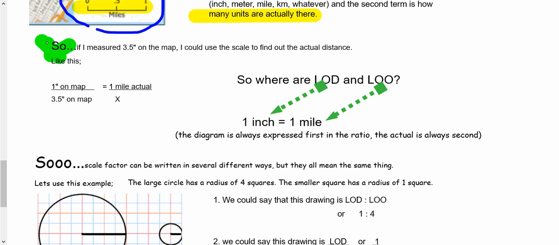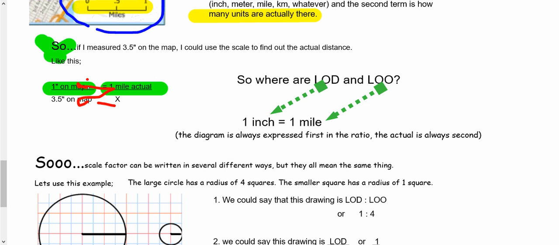If I measured 3.5 inches on the map, I could use the scale to find out the actual distance. Remember, the first number is always on the diagram. 1 inch on the map is 1 mile actual. So for 3.5 inches on the map, all I have to do is set up an amazing Dr. Z. Zip, zip, zip.